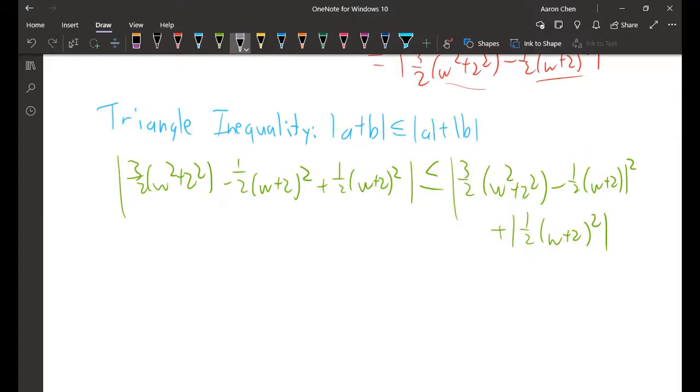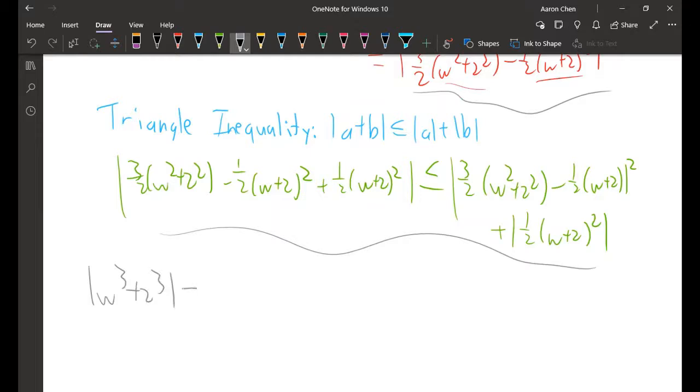And so now that we know this, we can just plug it back into this. So from here we have that the magnitude of w cubed plus z cubed is equal to the magnitude of 3/2 times w squared plus z squared minus 1/2 of w plus z squared.